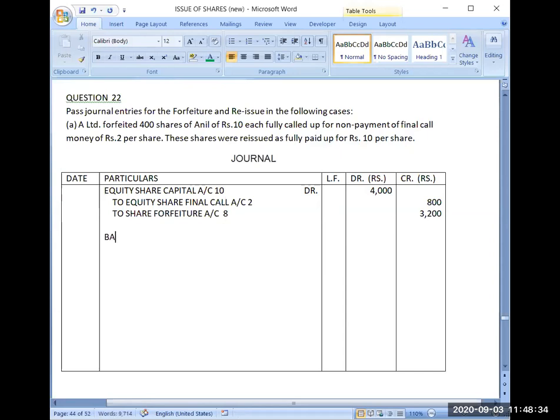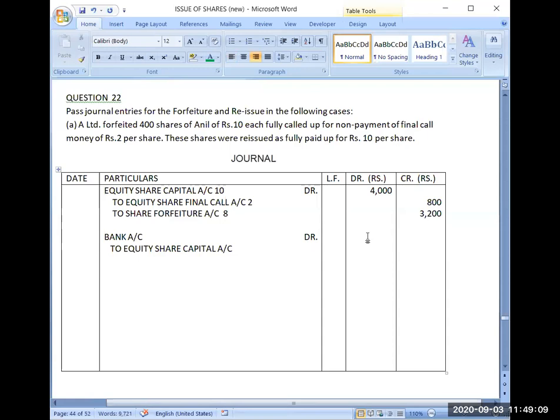So for reissue at par, I will be doing the entry: bank account debit to equity share capital account. That step will help me in deciding the journal entry. Now you are taking rupees 10, and how many shares have you reissued? Yes, very good.